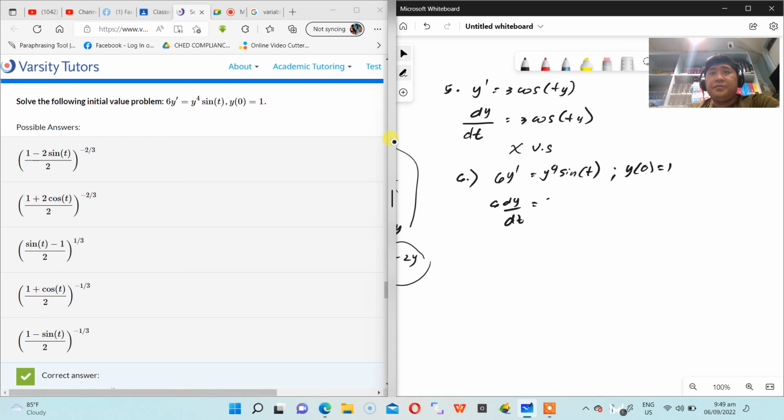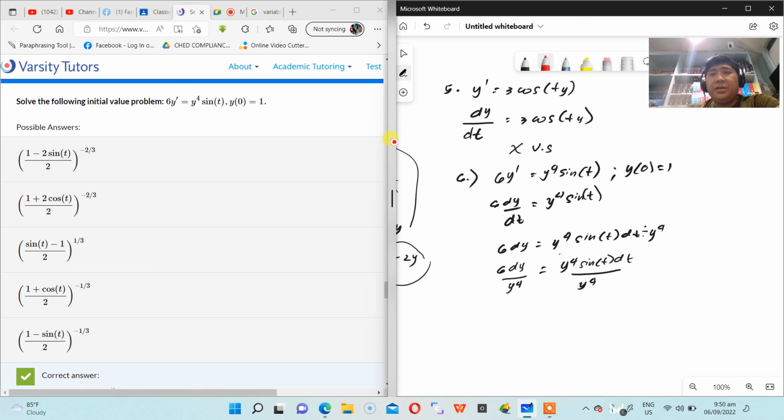So from here, copy y raised to the power 4 sine of t. So from there, 6 dy equals y raised to the power 4 sine t dt. From here, we don't want y raised to the power of 4 on that side, so we divide: 6 dy over y raised to the power 4 equals y raised to the power 4 sine of t dt over y raised to the power 4.